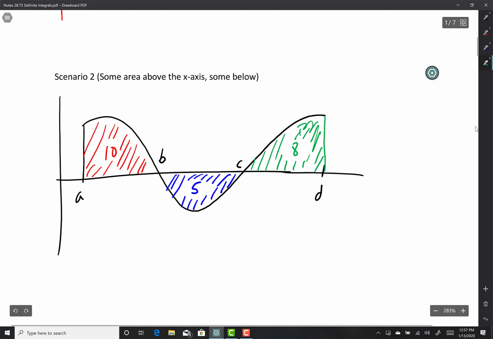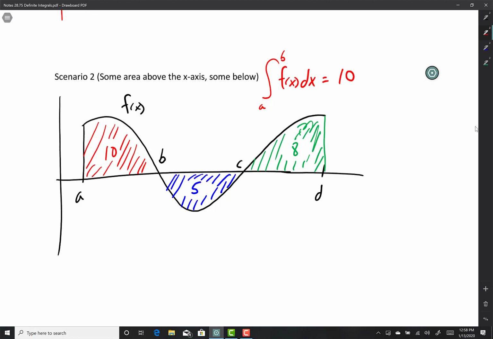All right, so I'm going to draw little integrals. So up here, I'm going to say area from A to B. This is signed area. And I'm going to call this function f of x. So A to B of f of x dx is 10. Are we still okay, guys? All right, the one in blue.